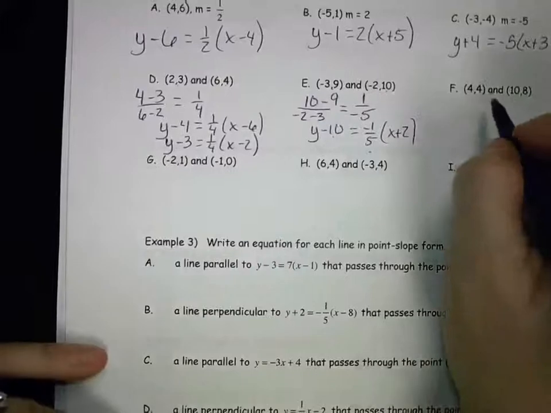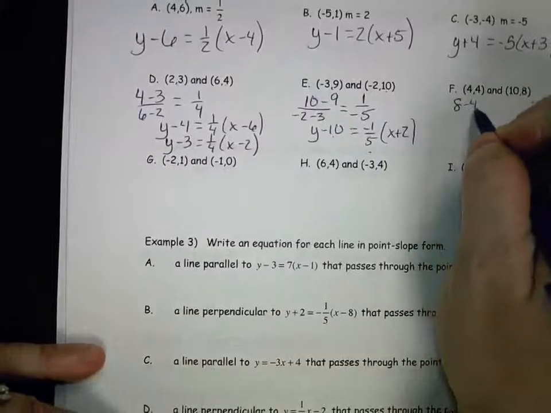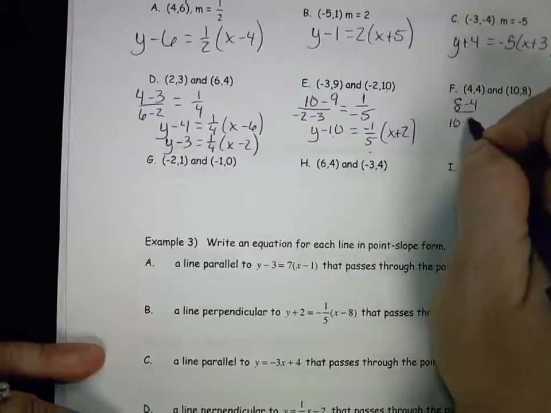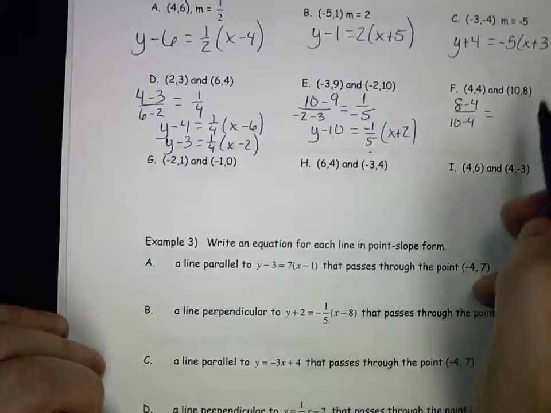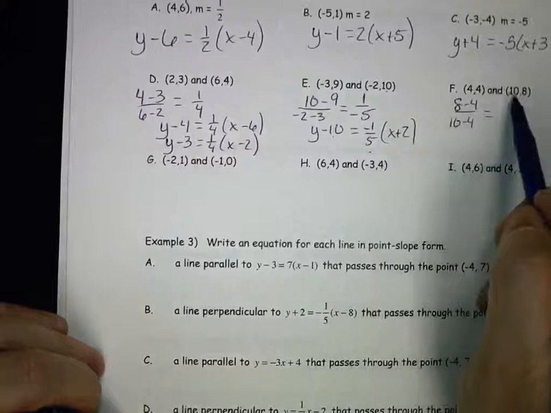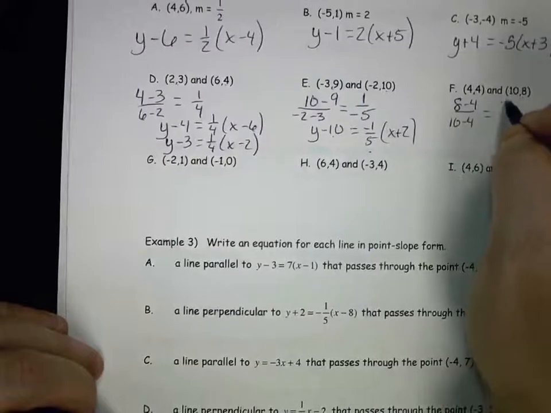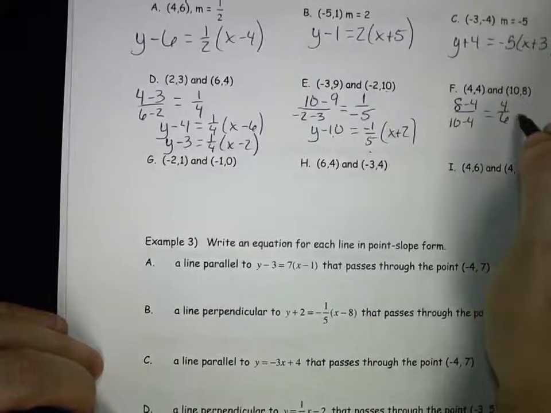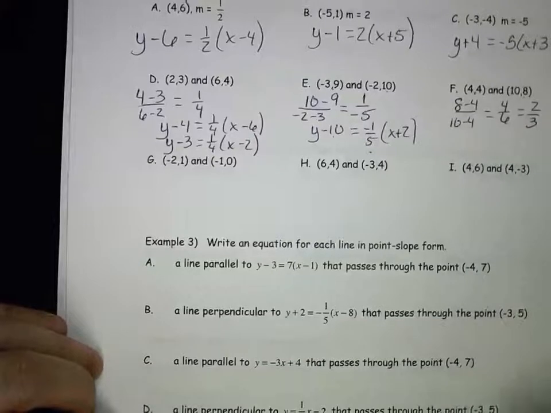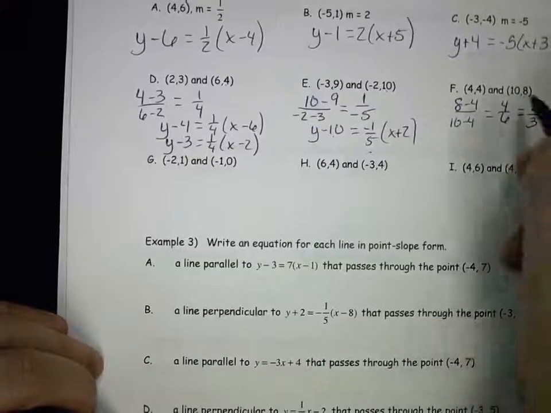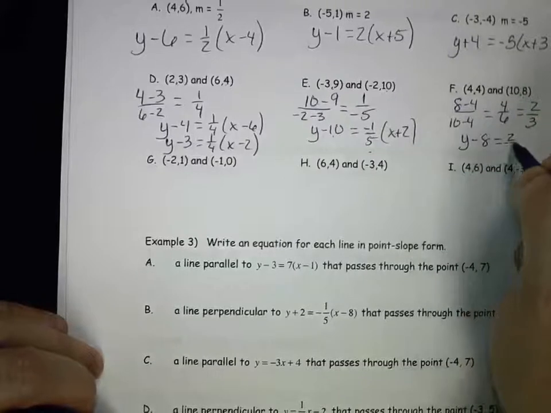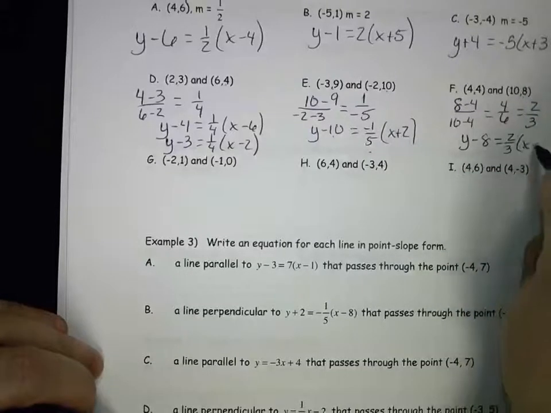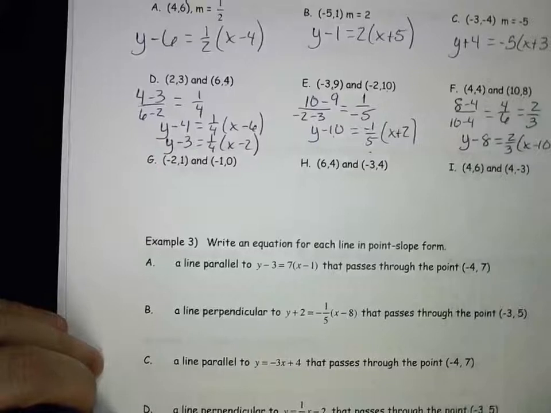Letter F, I'm going to do 8 minus 4 over 10 minus 4. I did y minus y over x minus x, and that becomes 4 over 6, which is 2/3. And you can pick either point from there. Y minus 8 equals 2/3 times x minus 10.